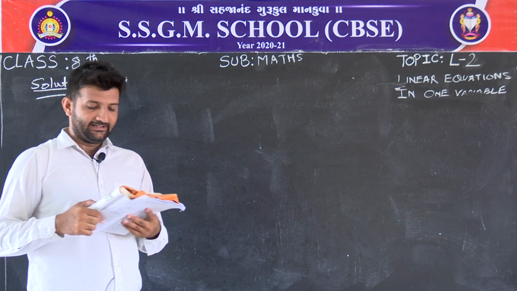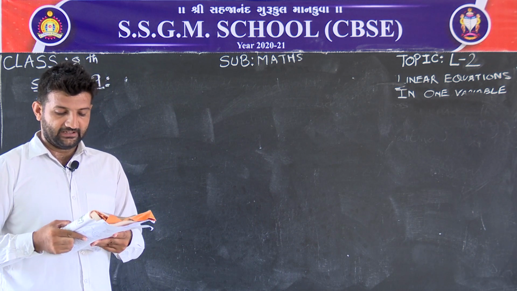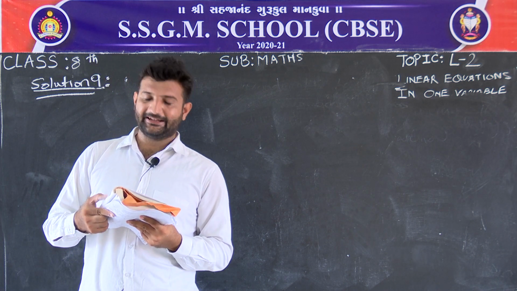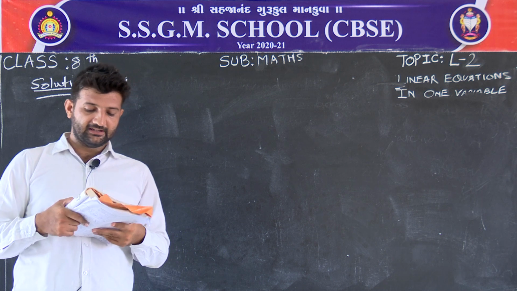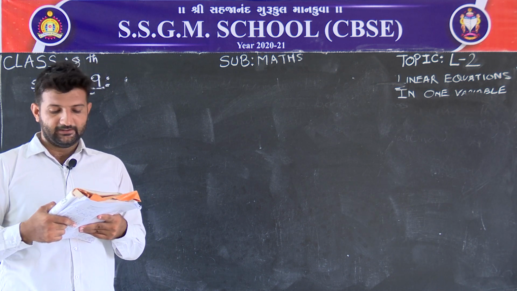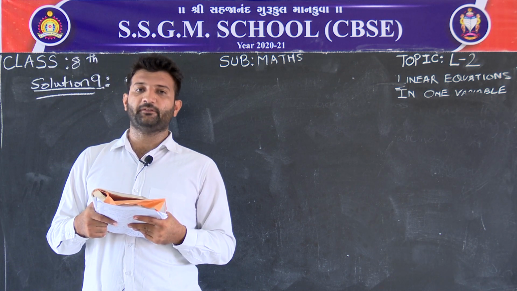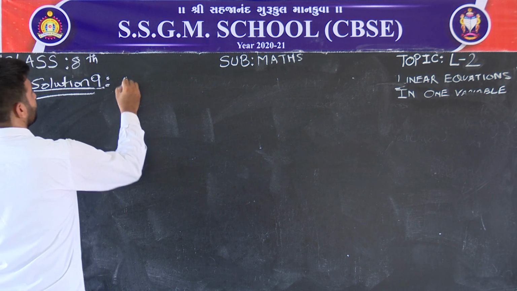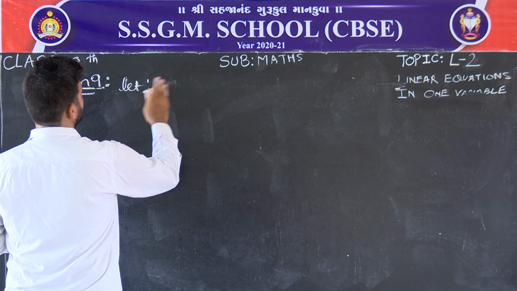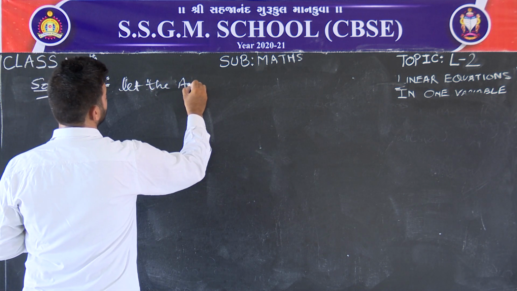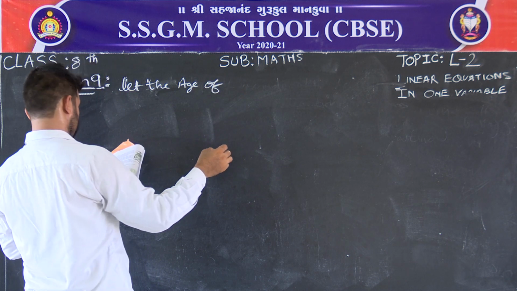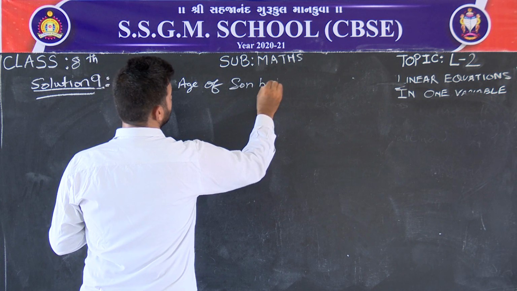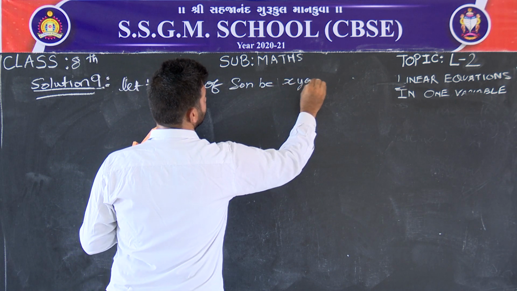Aman's age is 3 times his son's age. 10 years ago, he was 5 times his son's age. Find their present ages. This question is again based on ages. In this question we are talking about the ages of Aman and his son. So let the age of the son be x years.